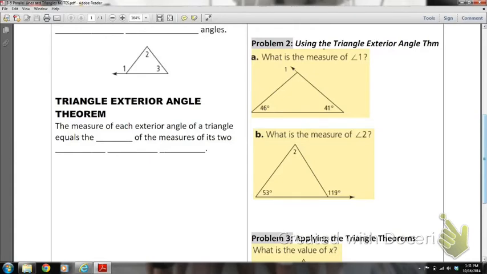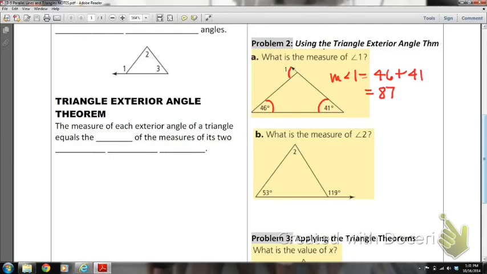Angle 1 is an exterior angle because it's formed by a side of the triangle and an extension of another side of the triangle. So that means that the measure of angle 1 is going to equal the sum of its two remote interior angles, which are 46 and 41. So that means the measure of angle 1 is equal to 87.